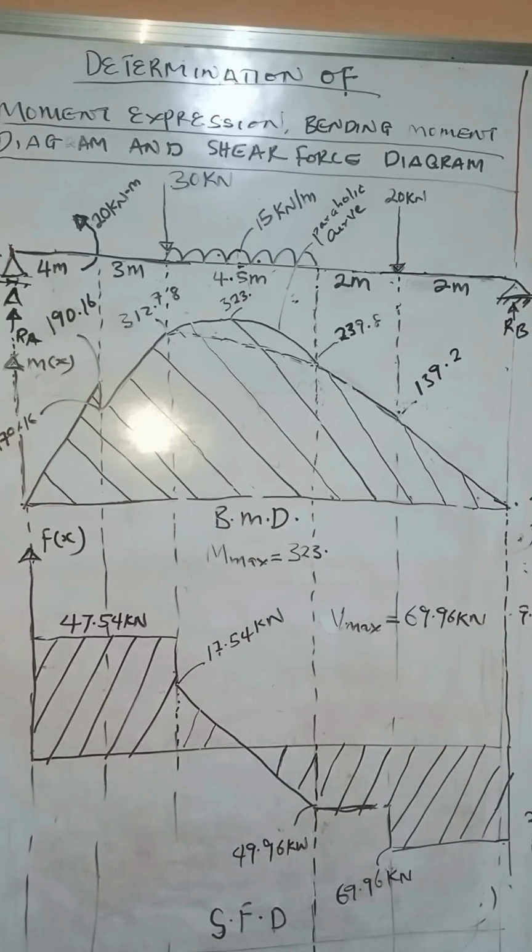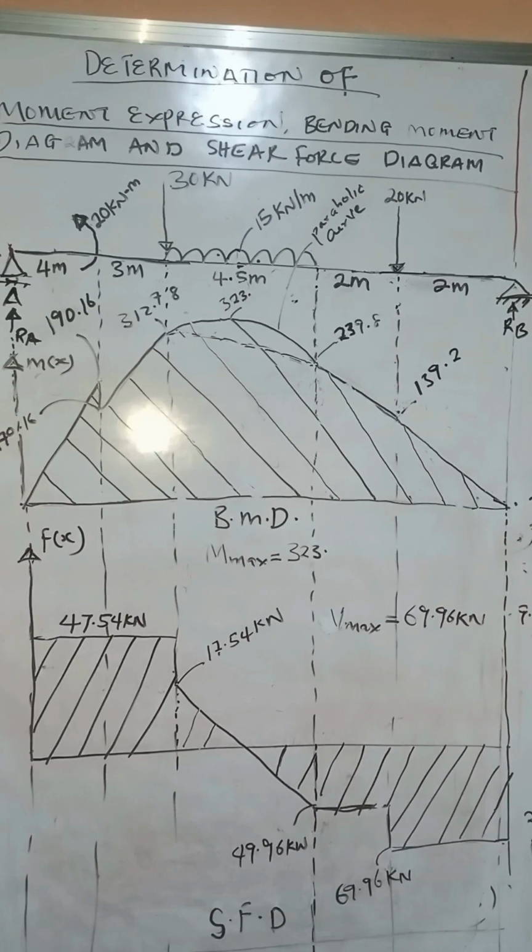When we differentiate that expression and equate it to 0, we'll have the value of x for the turning point of that parabolic curve. When we substitute the value of x into that same expression, we'll have that the maximum moment at that particular point is 323 kilonewton meters.